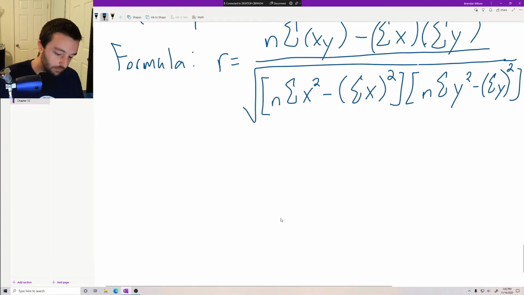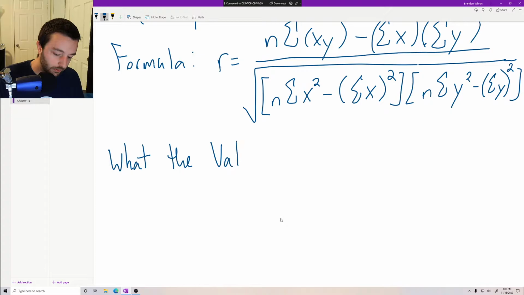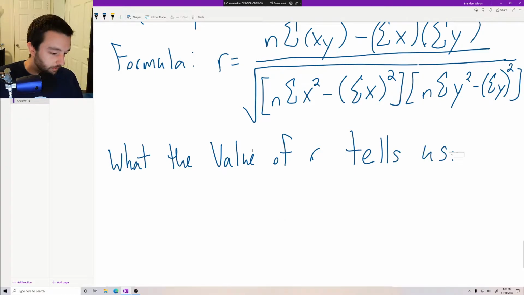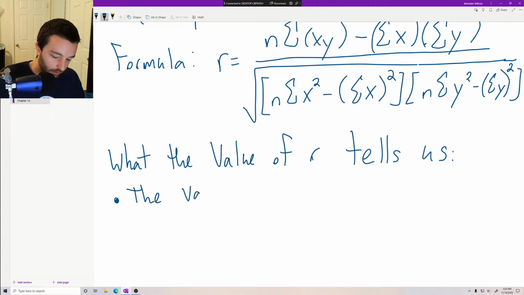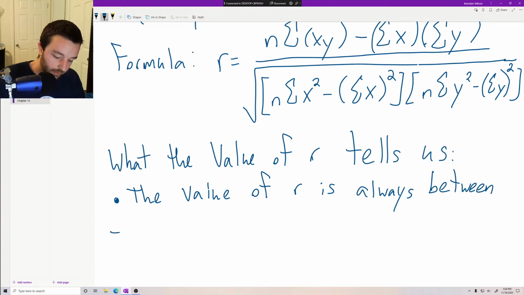Okay. So let's look at now what the value of R tells us. So first of all, the first bullet point here, the value of R is always between -1 and 1.